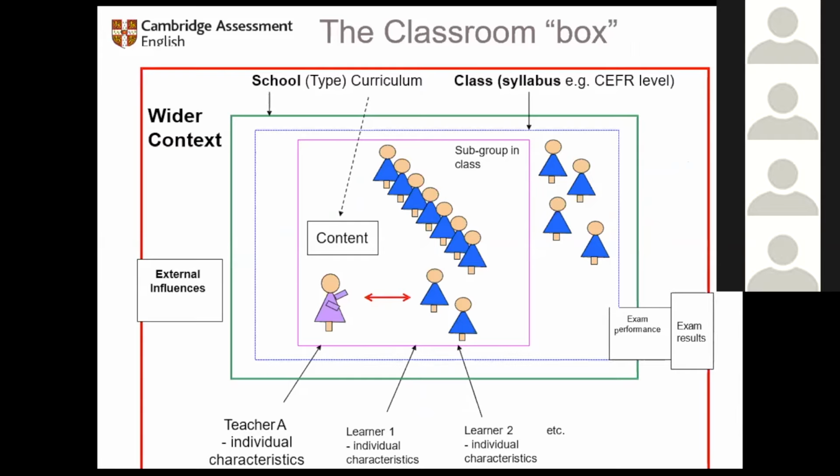This is a practical sketch of our classrooms, be it an online classroom or a physical classroom. We've got examples of various levels of influence within our classes. In the diagram in front of us on the screen, we've got four boxes.